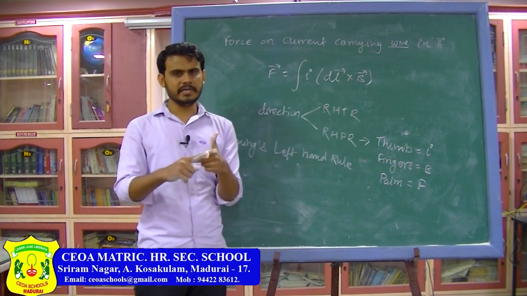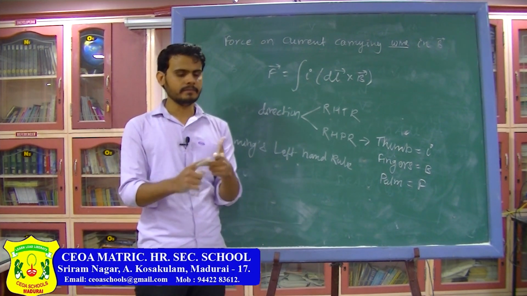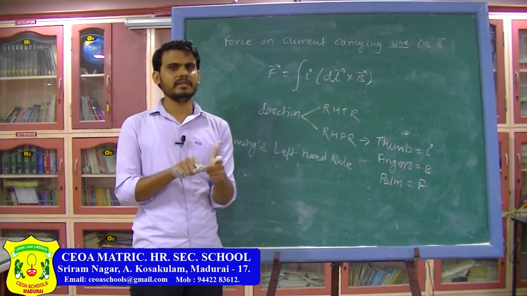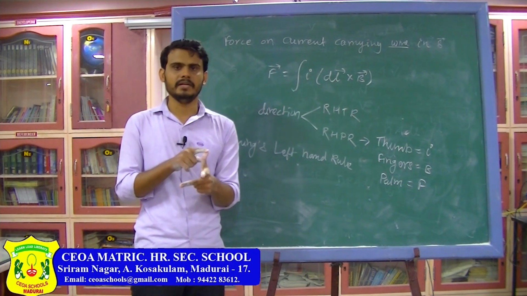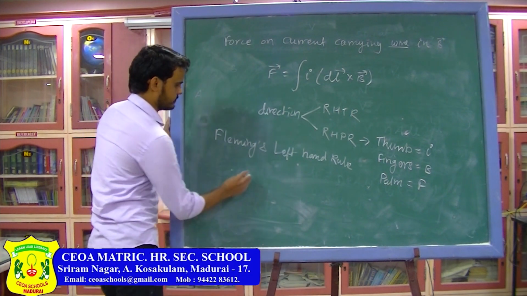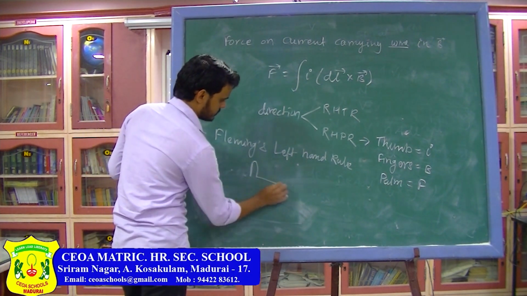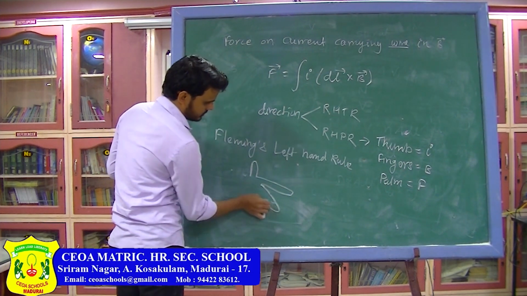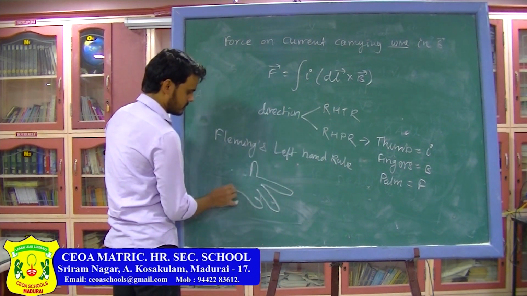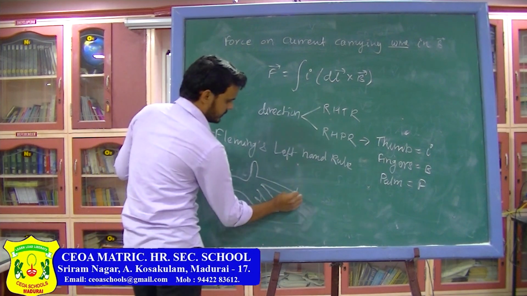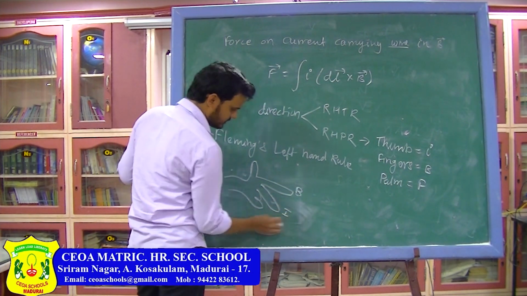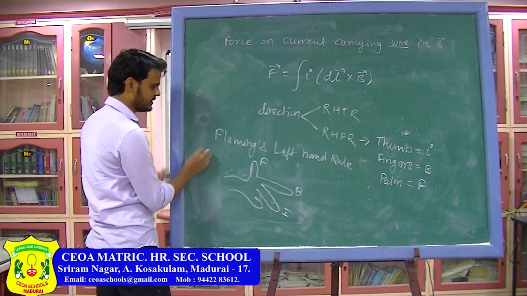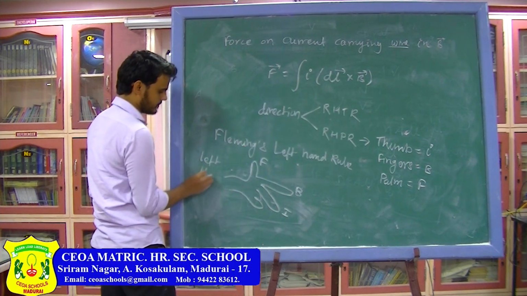If you keep the index finger in the direction of magnetic field and the middle finger in the direction of the current, then the thumb will give you the direction of magnetic force. So here this is the magnetic field, this is the current and this is the force. Remember, this is your left hand.